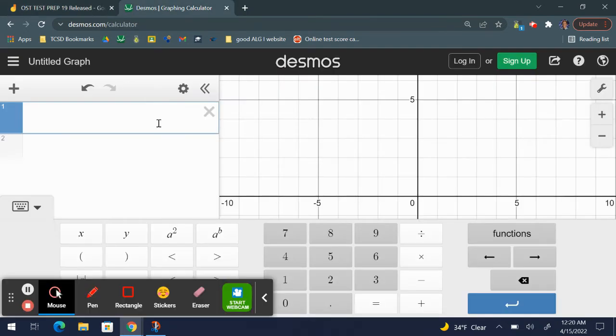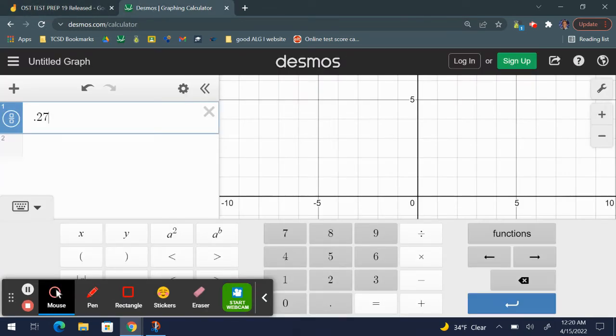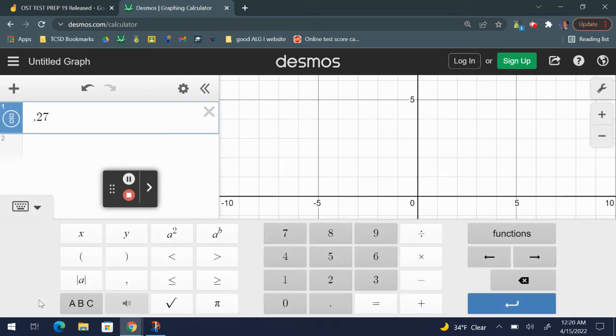Let's go to Desmos. Remember, anytime we have a percent, we have to take that percent and make it a decimal. So 27% as a decimal, we slide 2 spots to the left and we get 0.27, and we multiply that by how many counties there are in Ohio.